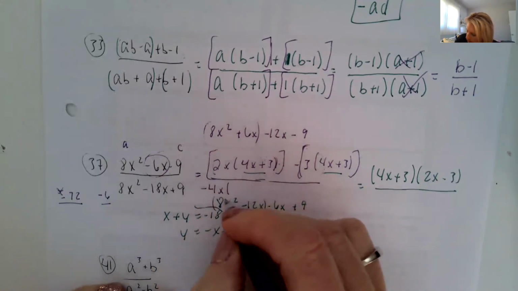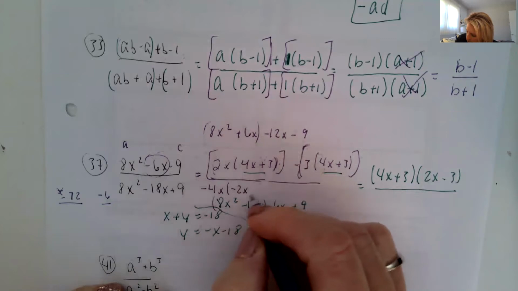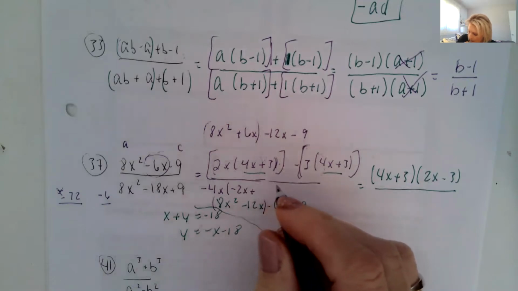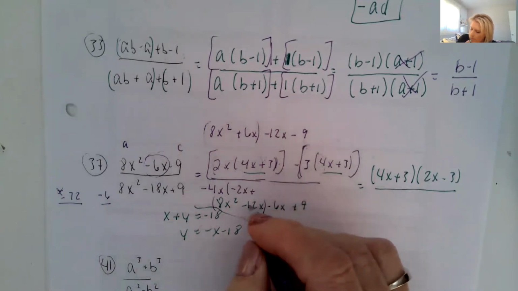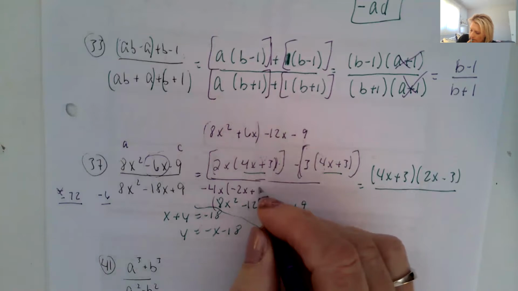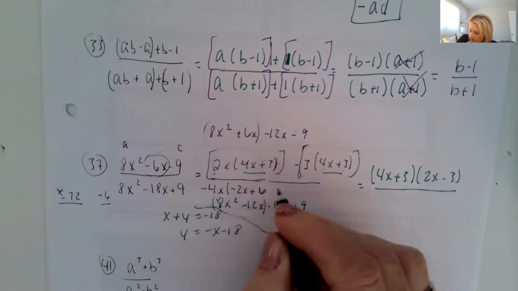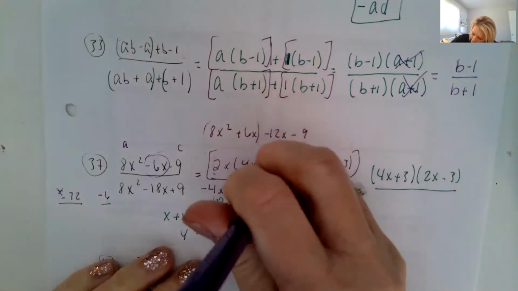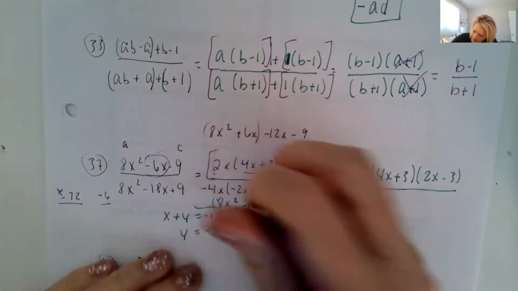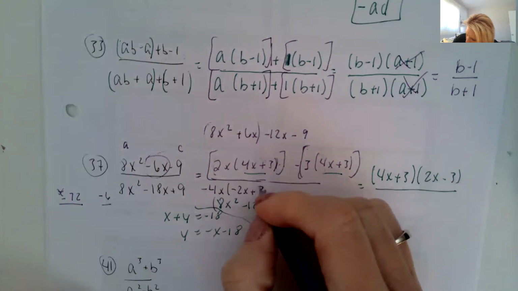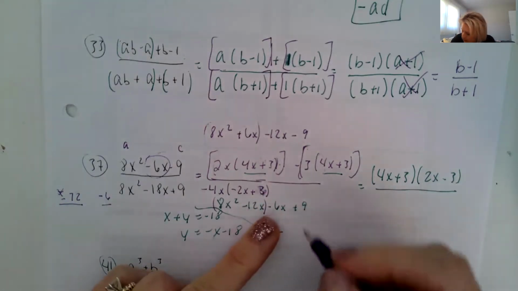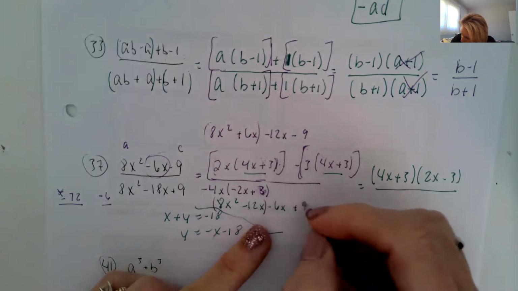And when we do that, we have a negative 2x left plus, no, a negative 2x plus 3. Okay. And then from this group, minus 6x plus 9, we have a 3.